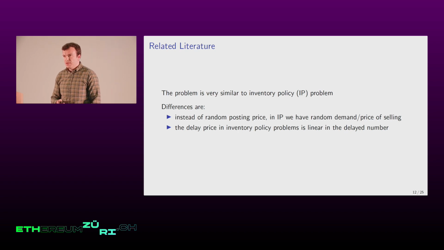In our case, the manufacturer is Rollup and produces blocks, and it wants to either sell, depending on the price and demand. In our case, these are the cost of posting. So that's the first difference, but in principle, they are dual problems. And the second difference is that the manufacturer has linear costs, or at least that's what we found in the literature, and that is associated with maintenance costs.